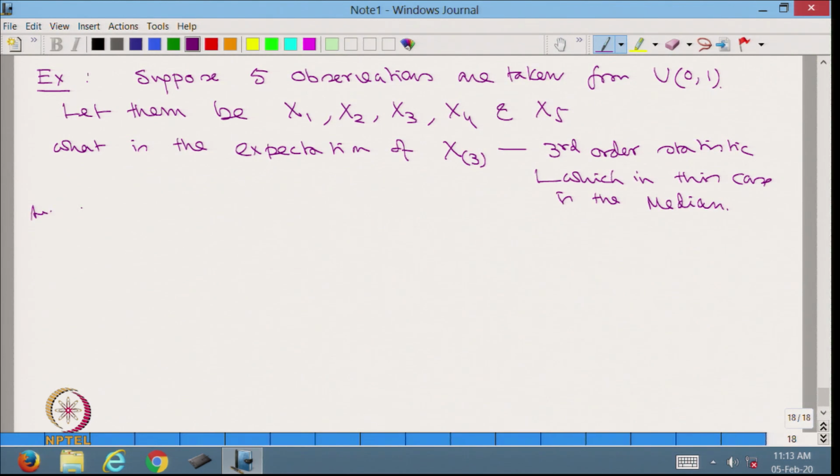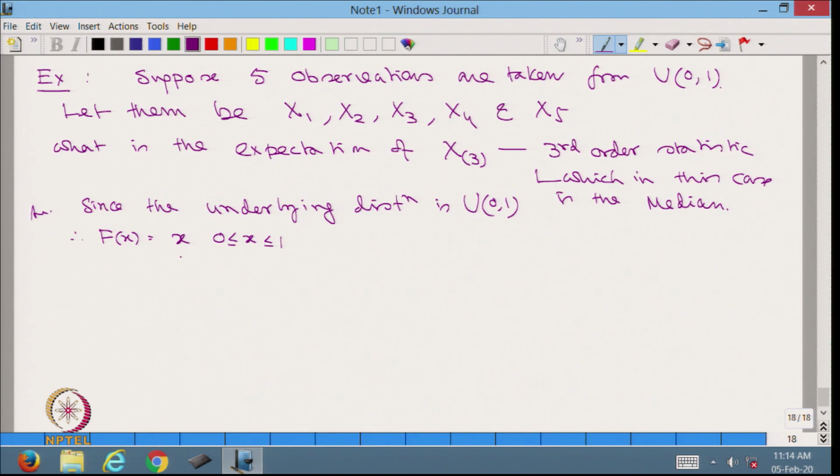Answer: since the underlying distribution is uniform (0, 1), therefore F(x) is equal to x for 0 less than or equal to x less than or equal to 1, and small f(x) is equal to 1 for 0 less than or equal to x less than or equal to 1.